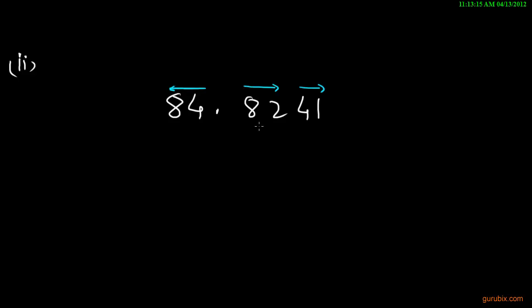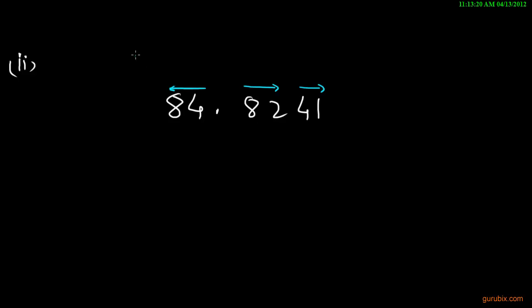In the second part we are given a number 84.8241, and now we shall place a bar over the pairs of digits, from right to left in the whole part of the decimal number and left to right in the decimal part of the number.